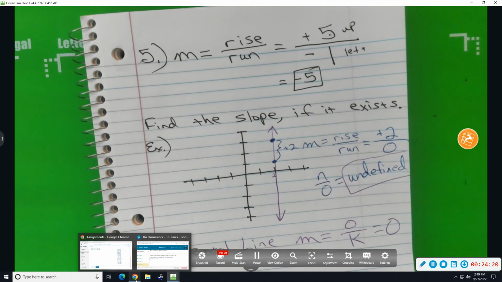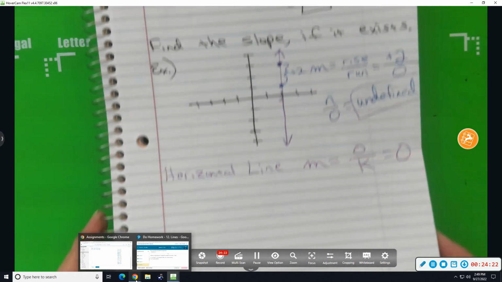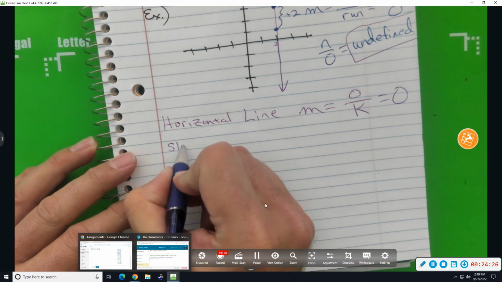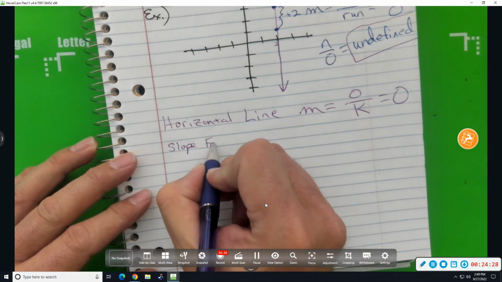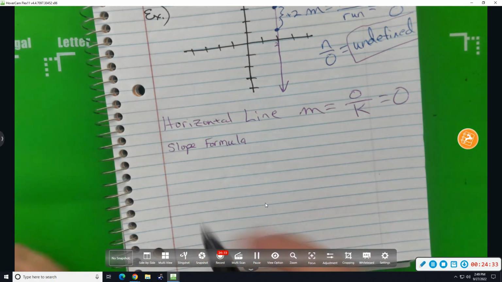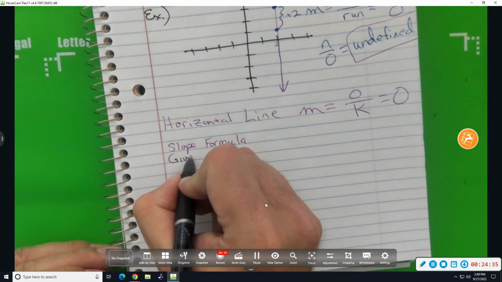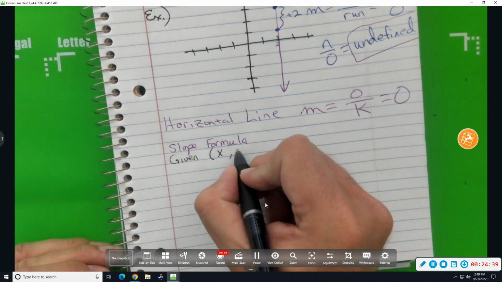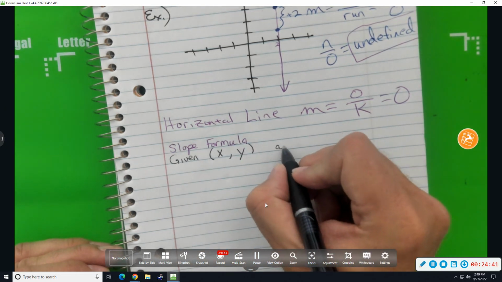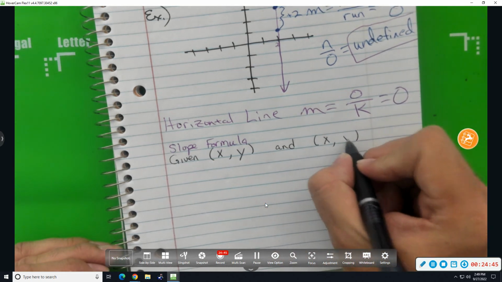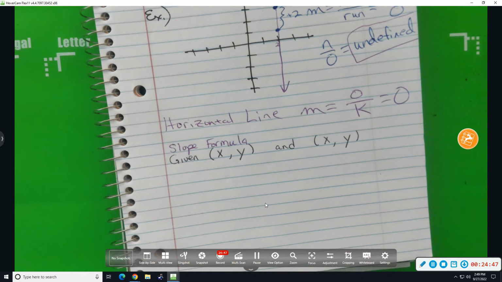In math, we always want a formula. So, here is something called the slope formula. If you're given 2 ordered pairs, I can't just write (x, y) and (x, y). We have to somehow denote which one is which.